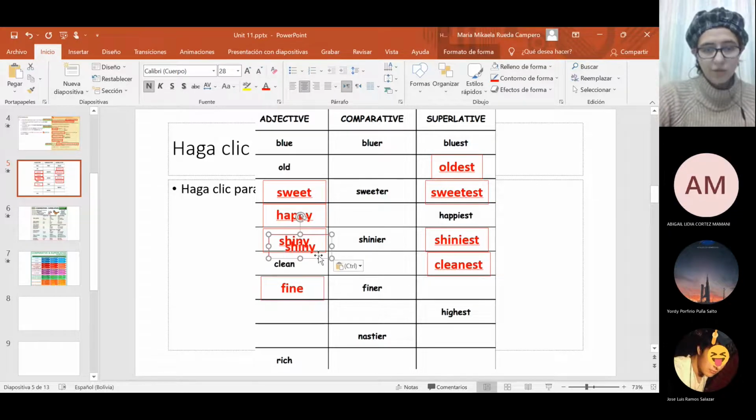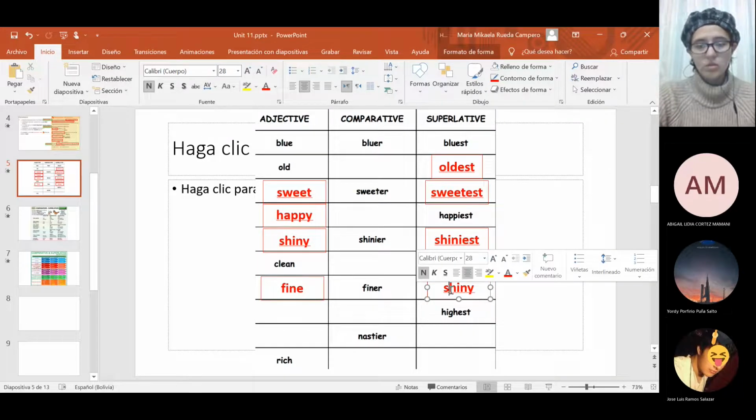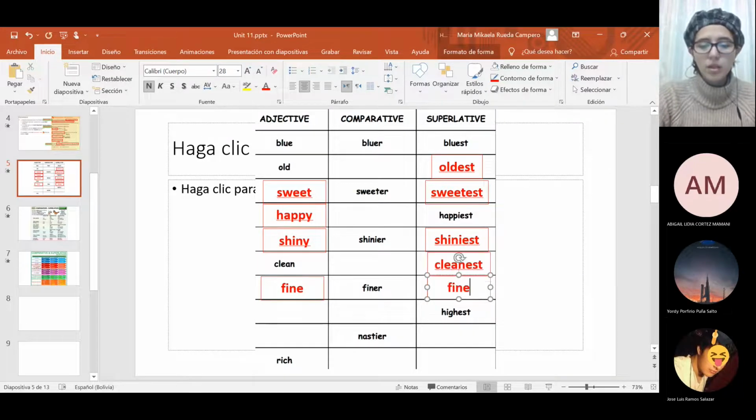And here we have an example. For the comparative, you can say, today I am funnier than yesterday, right? Yesterday I was fine, yes, but today I am funnier. And the finest day of my life was my birthday. Yes, that was the finest day in my life.